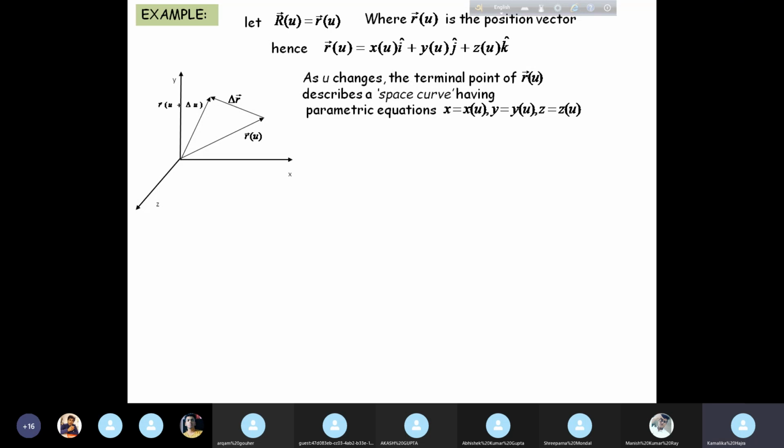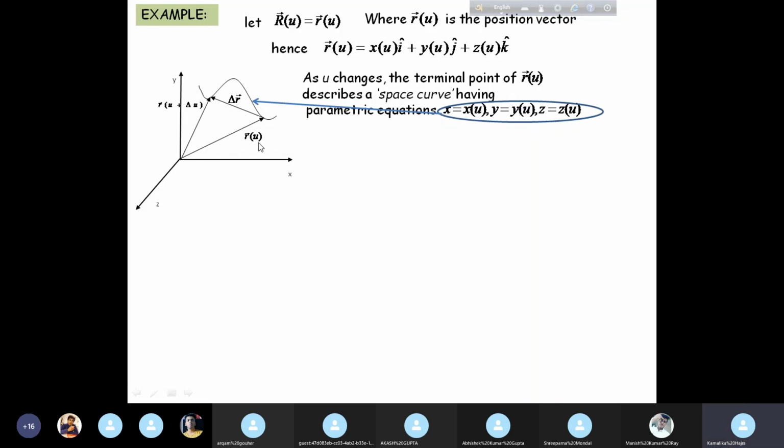So as u changes, the terminal point of r(u) will describe a space curve which has the parametric equations x equal to x(u), y equal to y(u), and z equal to z(u). So this is the curve that the vector r traces as it changes to the vector r at u plus delta u. Have you understood?